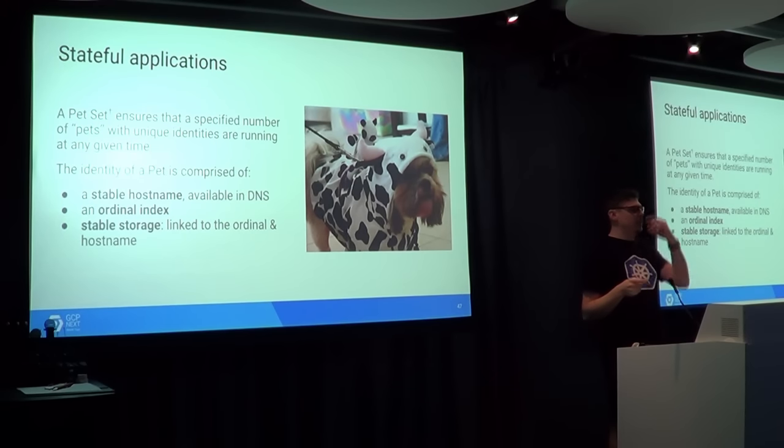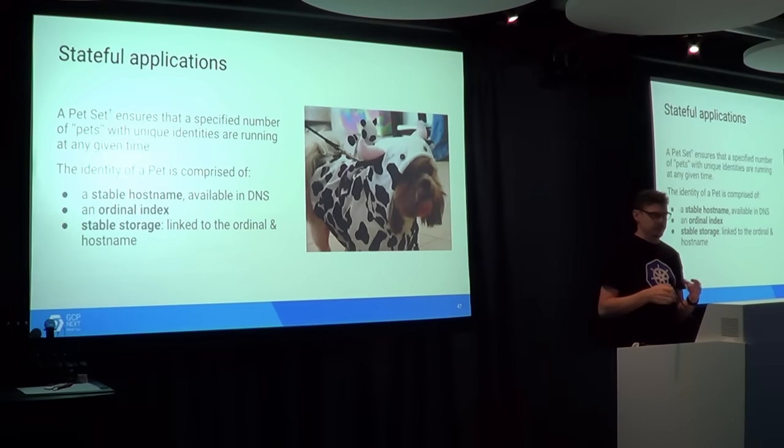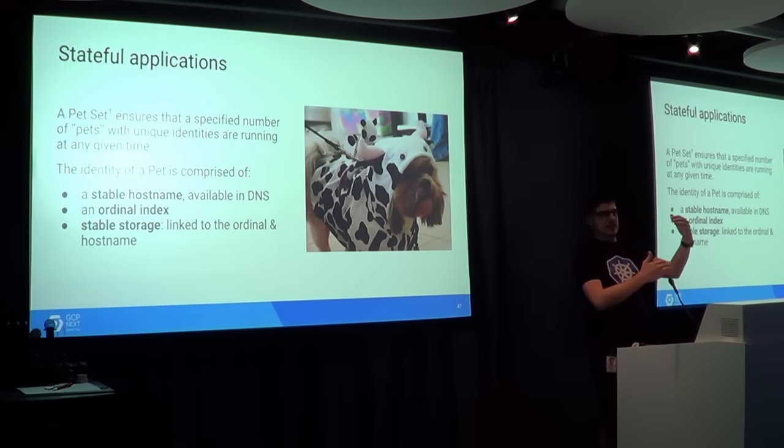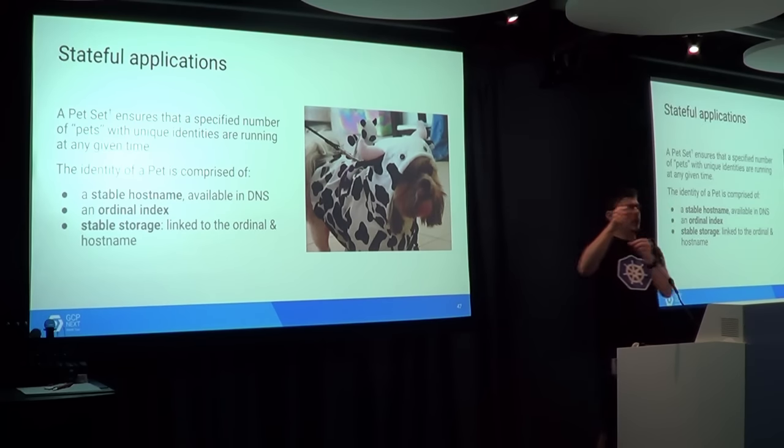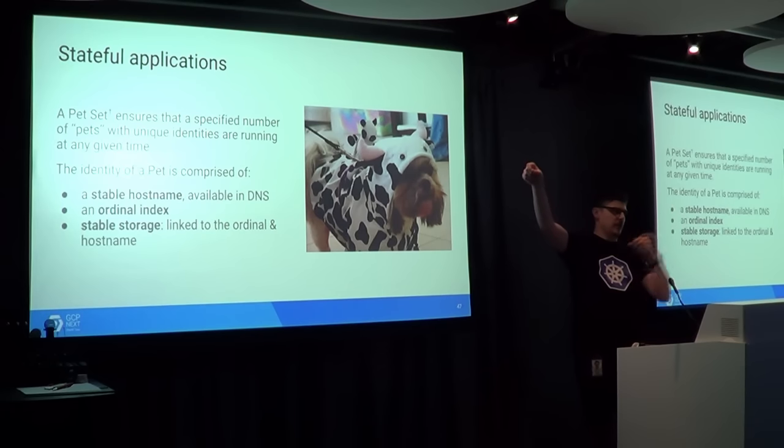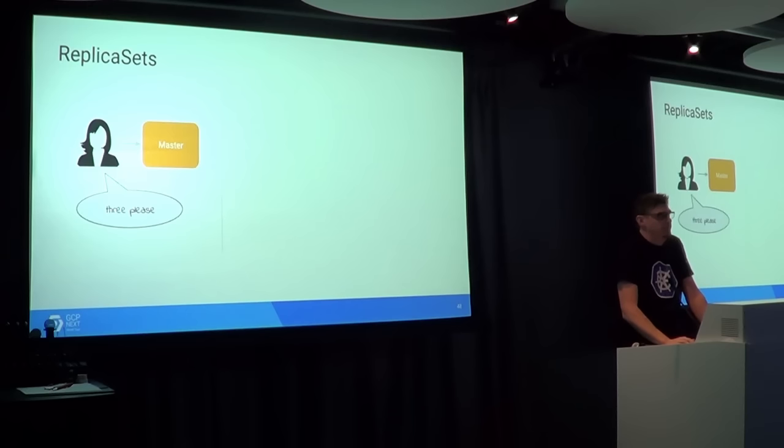That way we can say the first one is more important, and it is used for database systems that need to do some bootstrapping or prepare what they operate. And then we can also allocate storage to that so that this database service always has this disk attached to it. It has the volume, and no matter where this pod gets put, the pod isn't going to be here and the disk somewhere else, so you don't have to worry about replicating that so much.